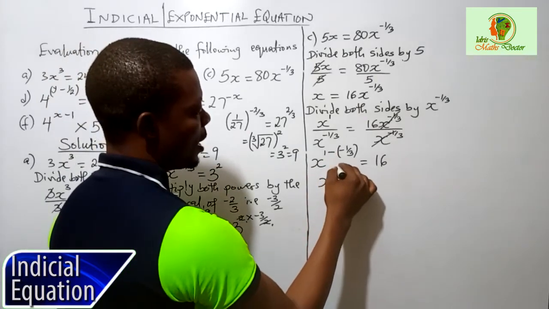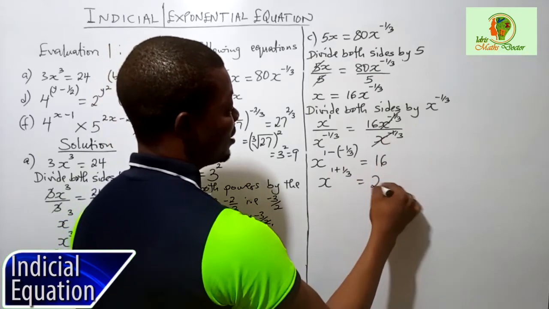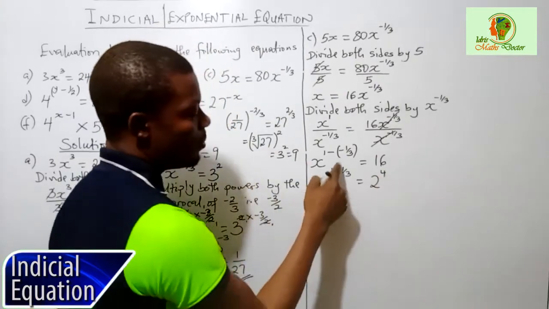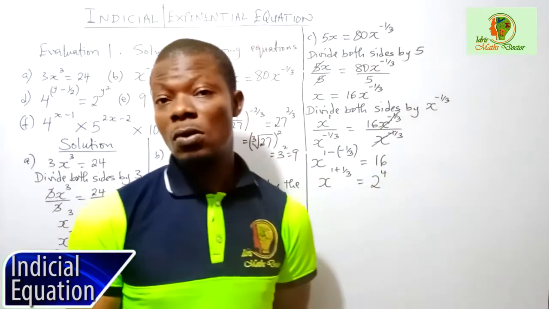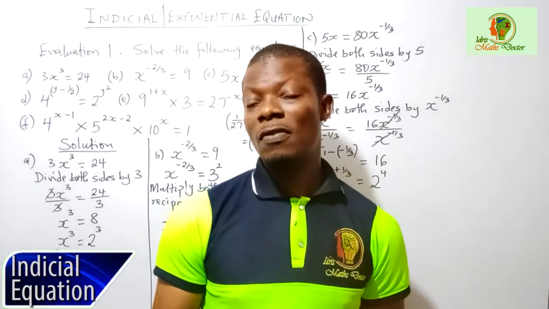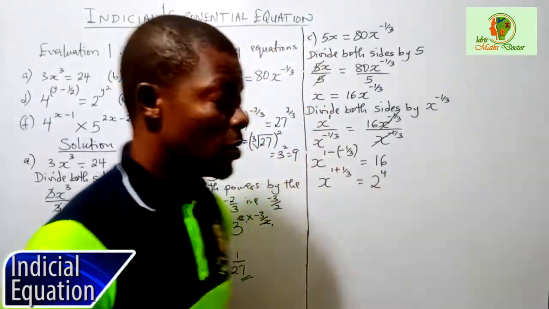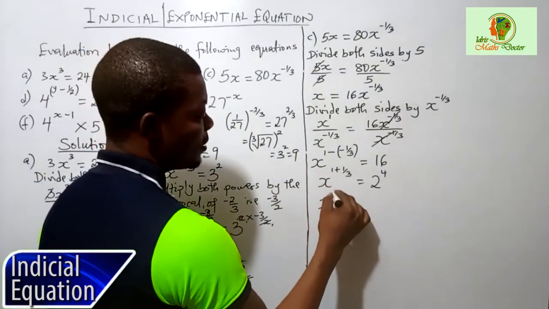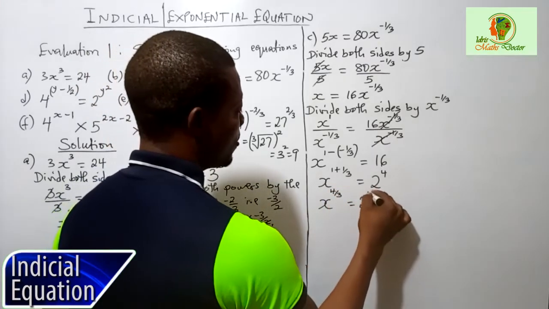X raised to power 1 plus 1 over 3 equal, the 16 can be written as 2 raised to power 4 in index form. Now, 1 plus 1/3 is going to give us one whole number, 1 over 3. And when you change one whole number, 1 over 3, to an improper fraction, we are going to have 4 over 3. So when you solve this, x raised to power 4 over 3 equal 2 raised to power 4.